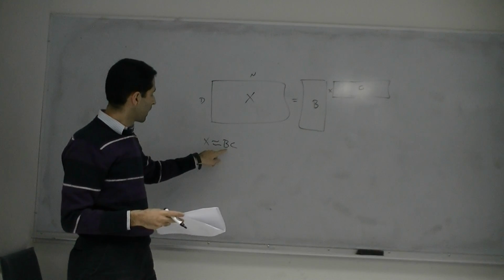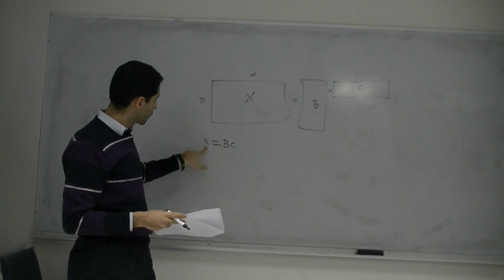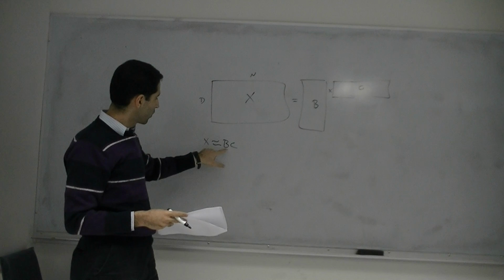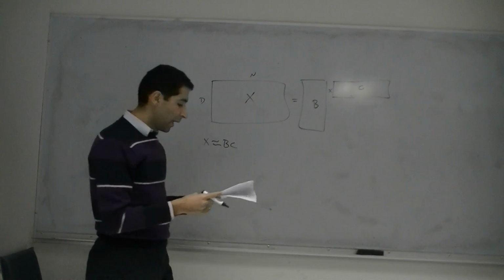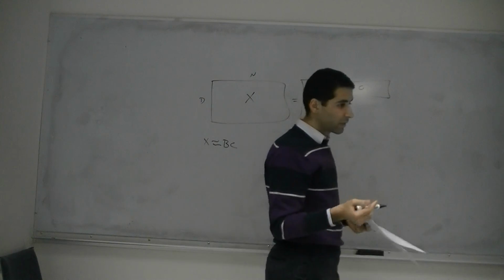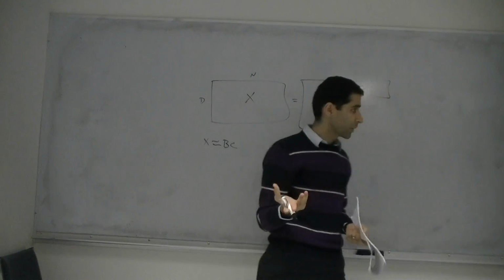We can reconstruct the original data with a little error by a basis function B and a matrix C. And we have a different measurement for the error here.